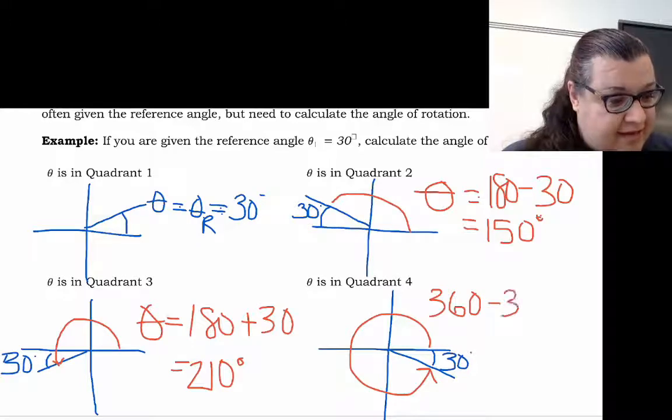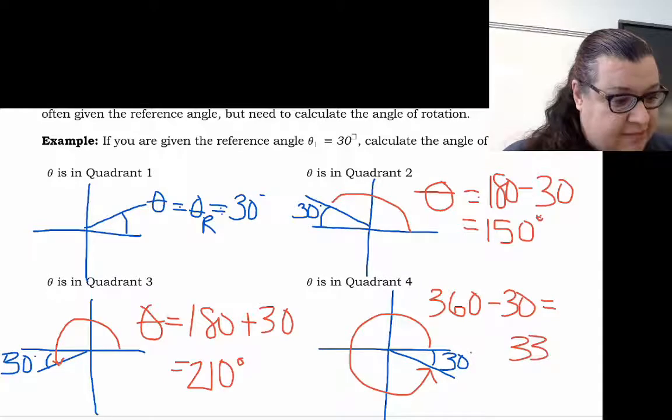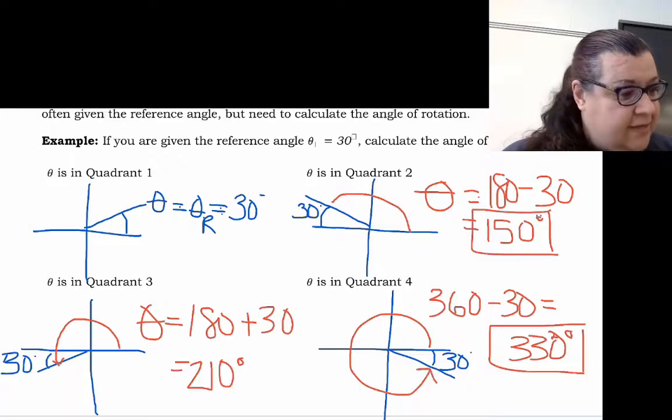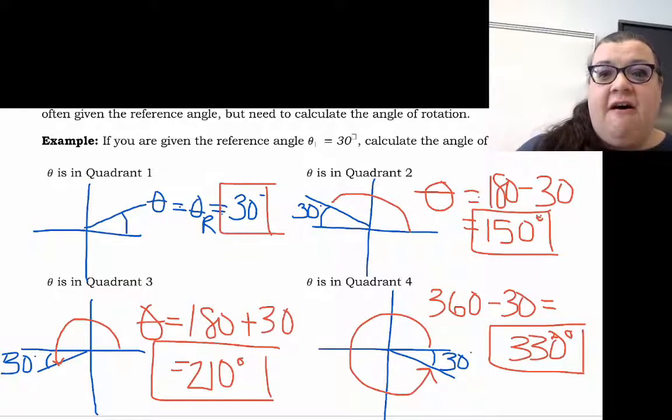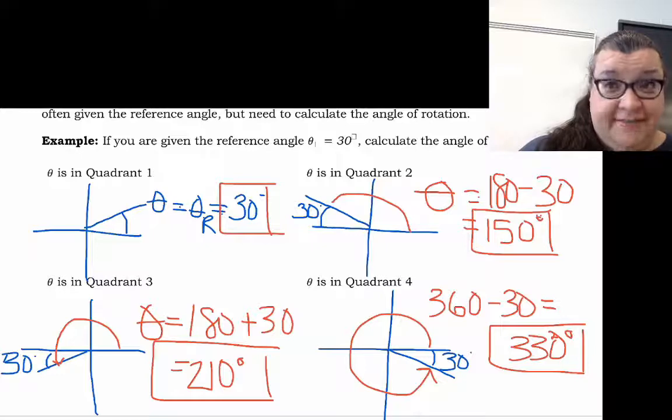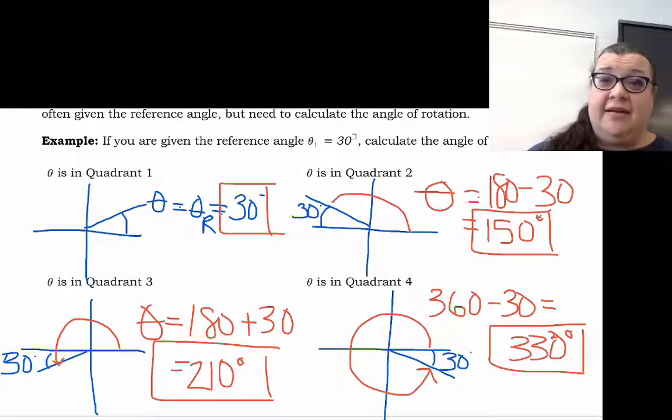So if I take 360 minus the reference angle of 30, I get my principal angle of 330 degrees. So all 4 of these angles, 30, 150, 210, and 330, all have the exact same reference angle of 30 degrees. So we have 4 angles that have the same reference angle.